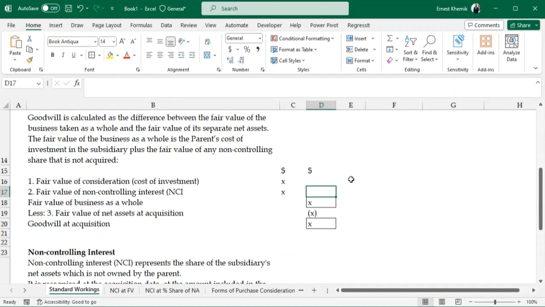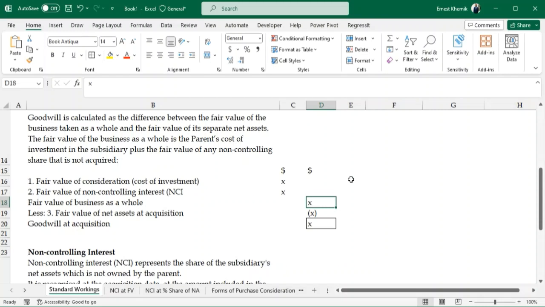So what we do is that we add the fair value of the consideration, or what we call the cost of investment, to the fair value of the portion of the business we do not control, that is the non-controlling interest, and then we have the fair value of the business taken as a whole. So the business taken as a whole, that is its value.